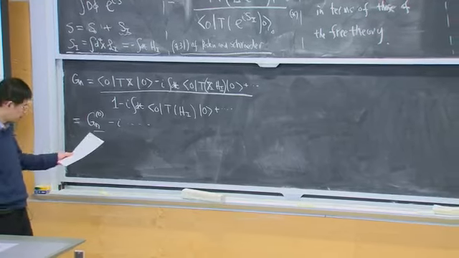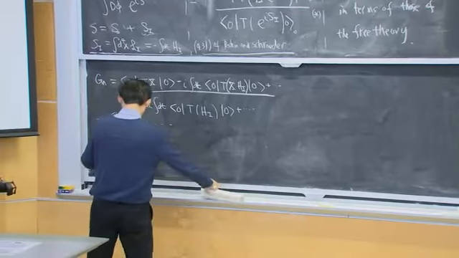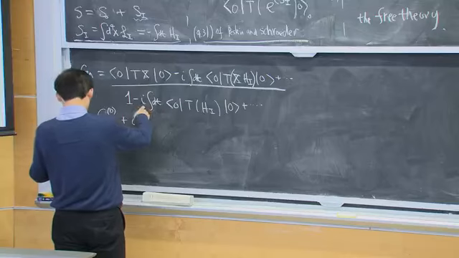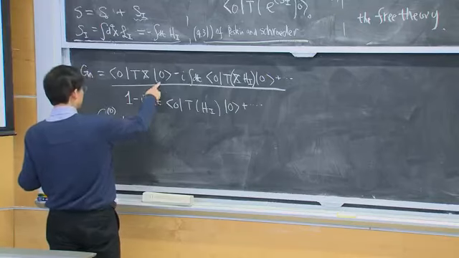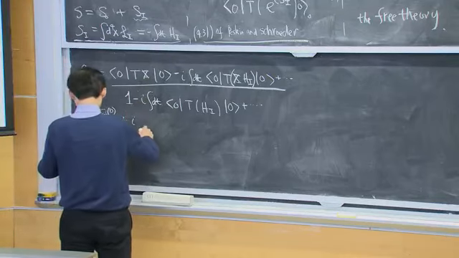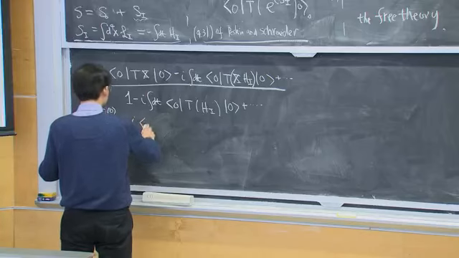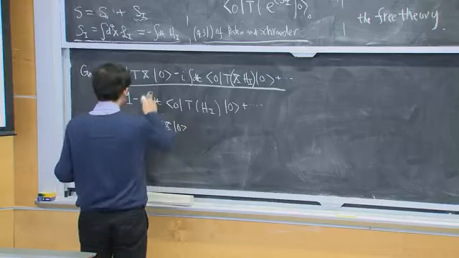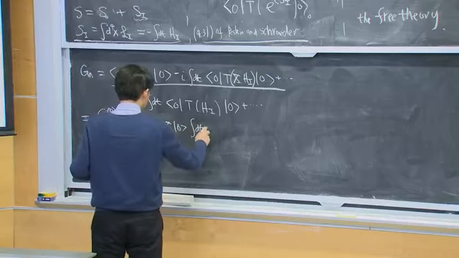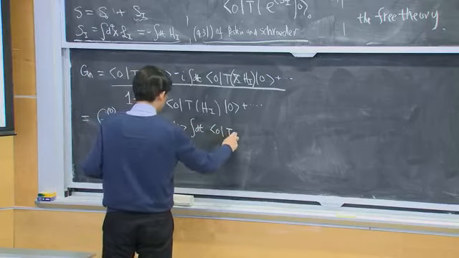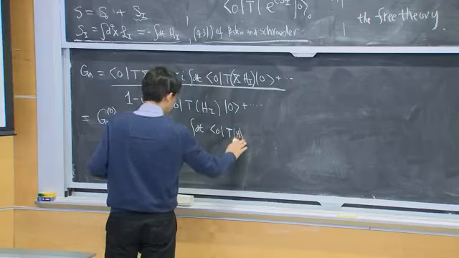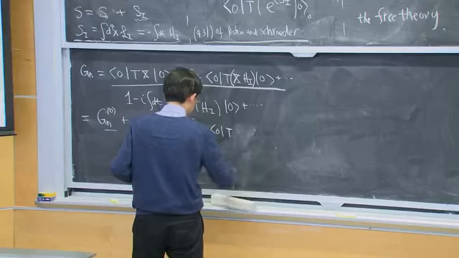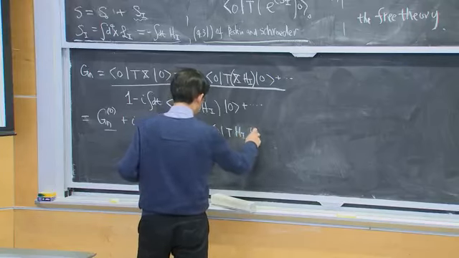Actually, for later purposes, let me write one more term explicitly. So I bring this up, and then this becomes i, T x with the free theory, times dt, T H_I, in the free theory.